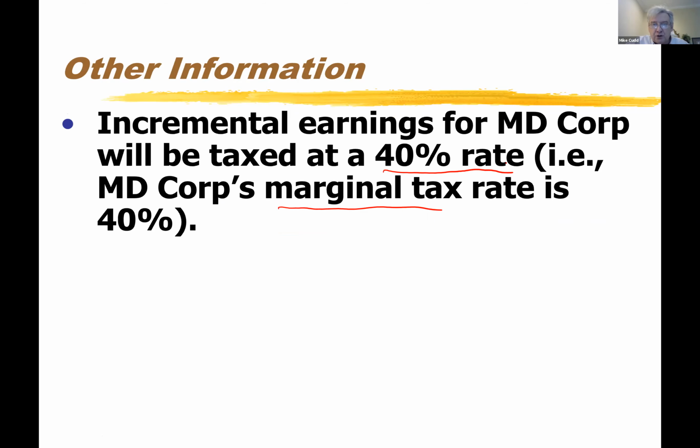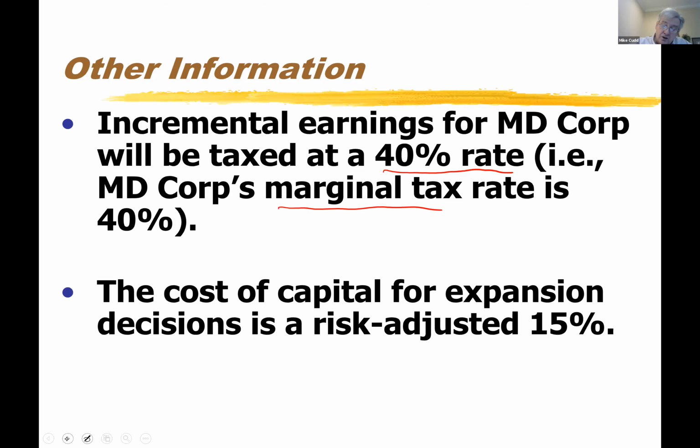Some people loosely refer to the marginal tax rate as your tax bracket. If you're in a 40% tax bracket, that means additional earnings would be taxed at a 40% rate. We have determined that the cost of capital for decisions like this is 15%.